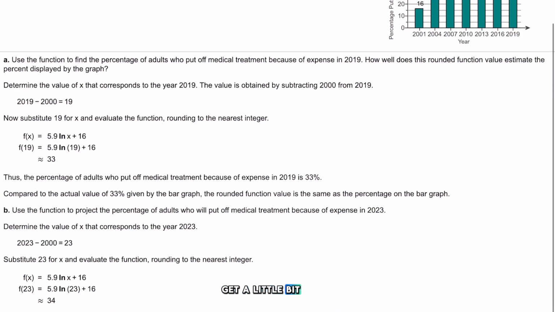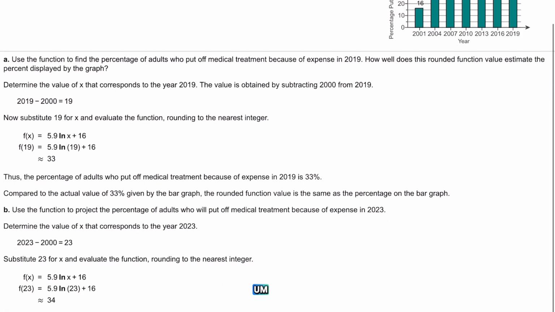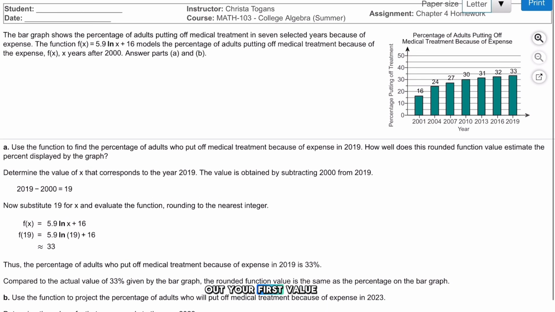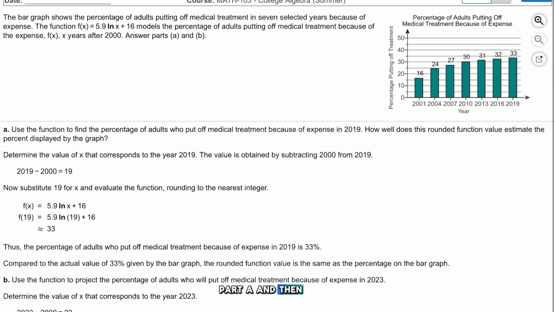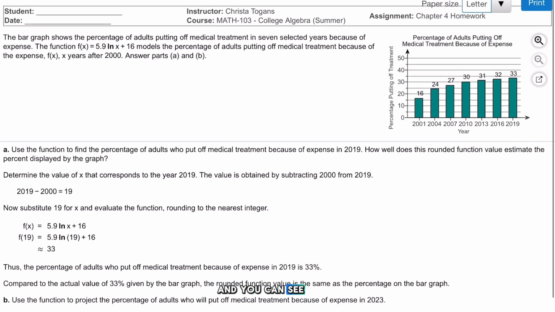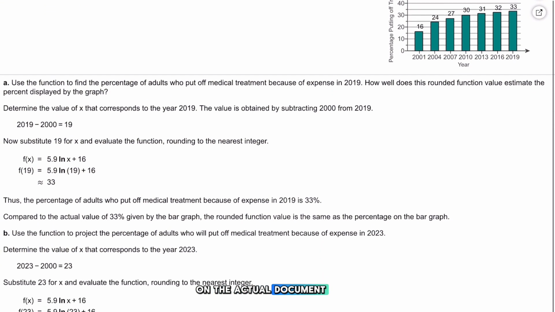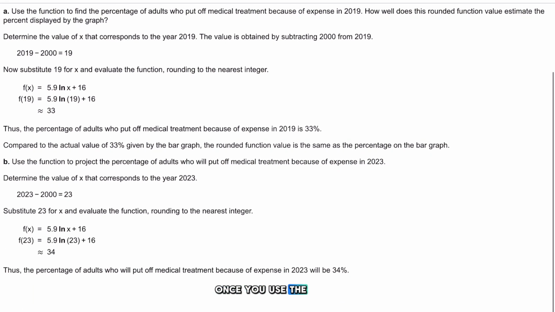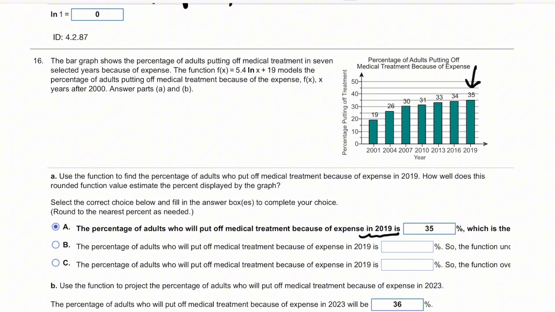You might get a little bit different result based on your number, but you just use the example to figure out your first value, part A, and then your second value. And you can see on the actual document what you get once you use the example.